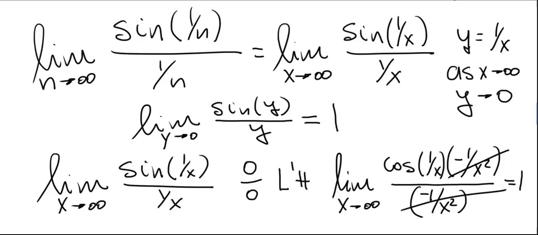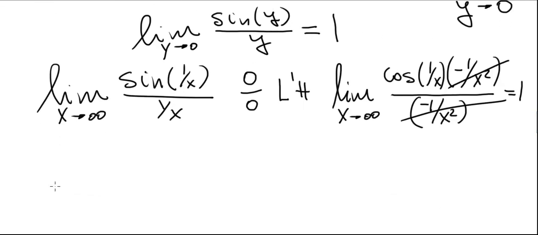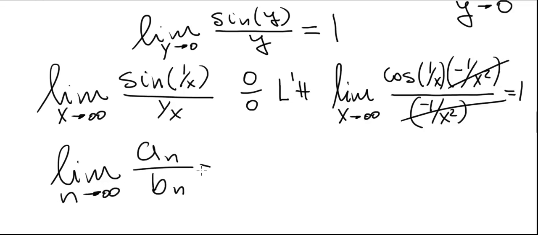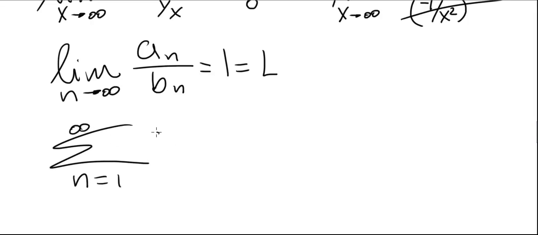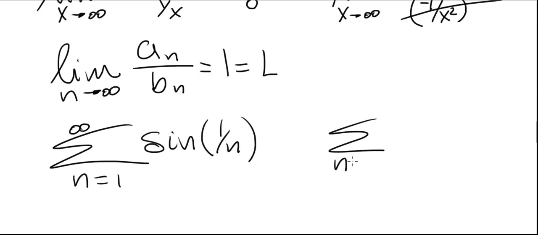So in any case, the limit that we calculated, that is the limit as n approaches infinity of a sub n over b sub n, in this case, is equal to 1. This is our L. It is clearly positive and finite. So what that says is that the two series, the a sub n series, that's the summation from 1 to infinity of sine of 1 over n, and the b sub n series, that's n equals 1 to infinity of 1 over n, both converge or both diverge.